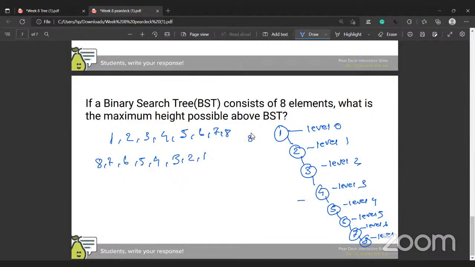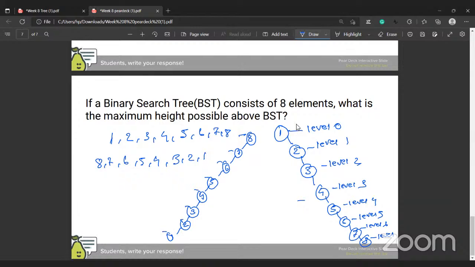Insert 8, then insert 7, which is less than 8, then insert 6, less than 7 also, insert 5, 4, 3, 2, and 1. So the height will be 0, 1, 2, 3, 4, 5, 6, 7, right? So if elements are in decreasing or increasing order, there will be maximum height.